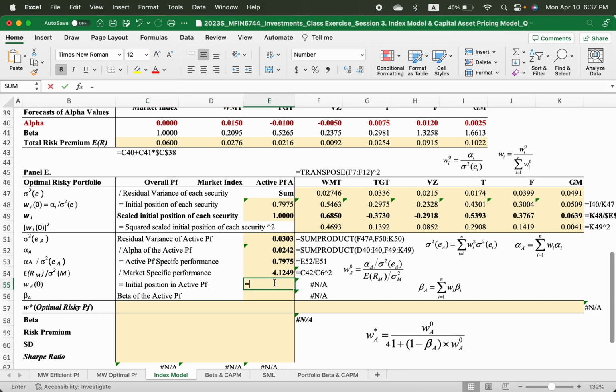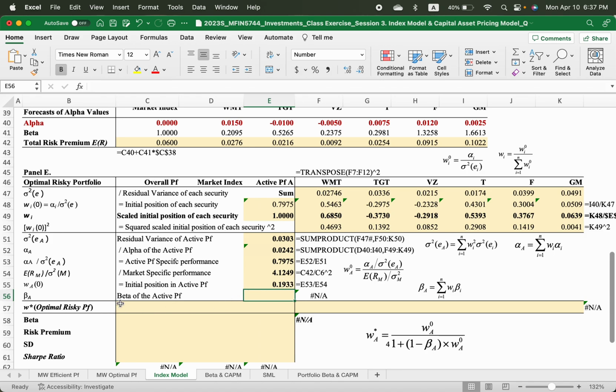If we divide these two, what does that mean? This part is the portfolio alpha, the performance out of the market specific performance, so that we get this weight, the initial position of the active portfolio.